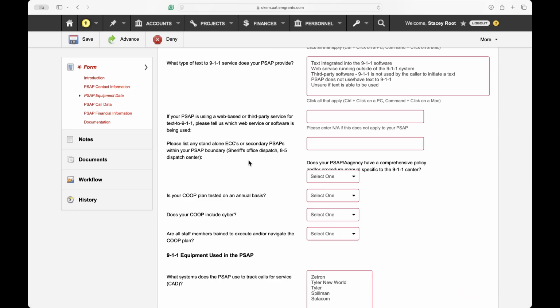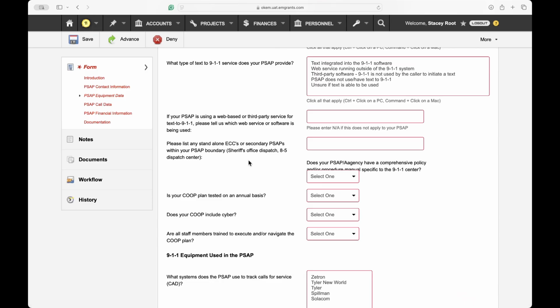What we're trying to figure out, every year I find new people or new counties that have these standalone dispatch centers out there. We're trying to figure out where all these standalone ECCs or secondary PSAPs are within your jurisdictional boundary. And so we want those listed out so we can track and know how we get 911 calls to them, and is that something we need to be looking at?